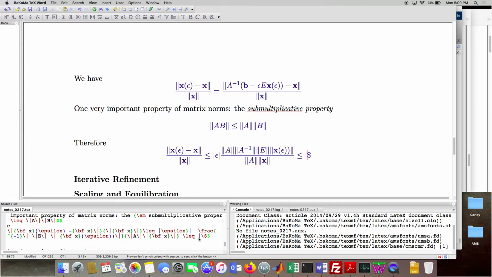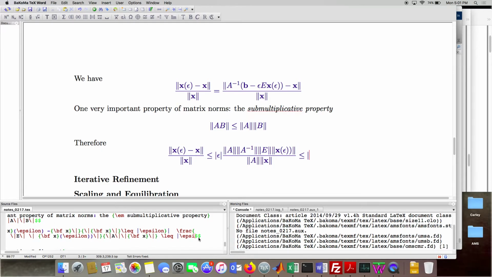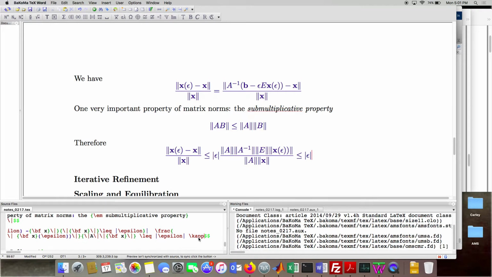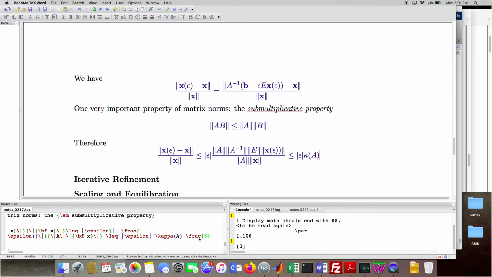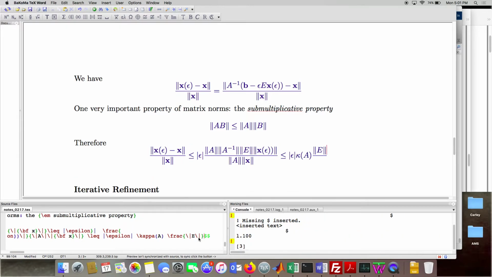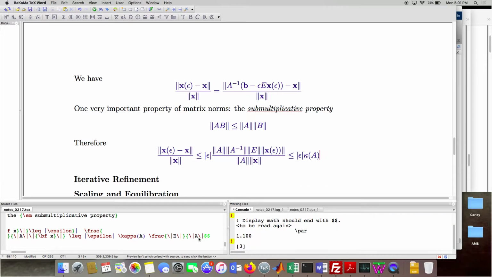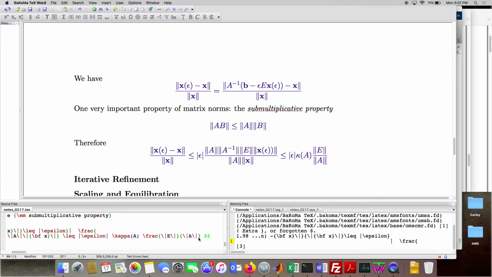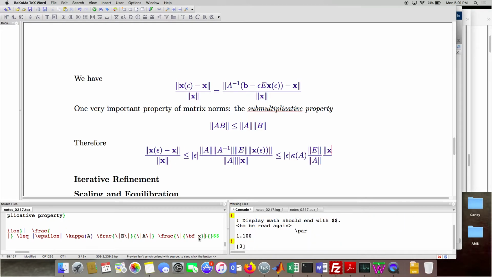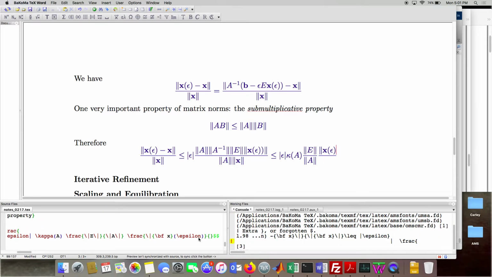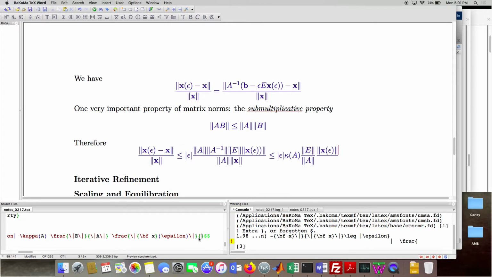So I have epsilon, and then kappa of A, which I'll define in a moment, and then I have the norm of E divided by the norm of A times the norm of my perturbed solution divided by the norm of the exact solution.